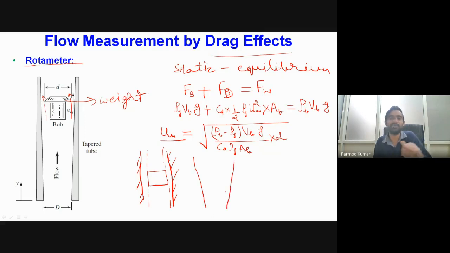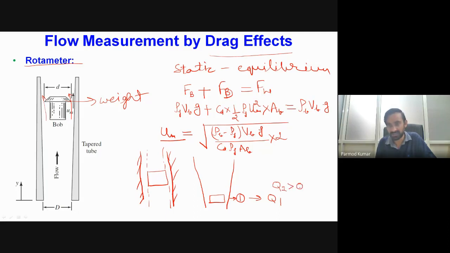So what does this tapered cross section do when the flow rate increases? Let us consider that initially our float was at, say, this particular location number 1. Okay, and corresponding to this we had some value q1 of the fluid flow rate passing through. Now let us consider that we have increased our flow rate from q1 to q2.